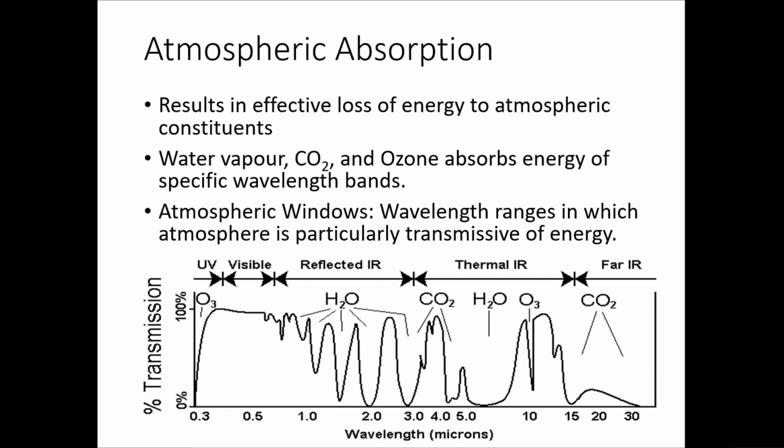In scattering, different wavelength energy was diffused, or scattered. But in the case of absorption, different wavelength energy is absorbed by various components in the atmosphere. So what are those components? Let us see. One is ozone, another is carbon dioxide, and another is water vapor. These three are the major atmospheric constituents which absorb radiation.